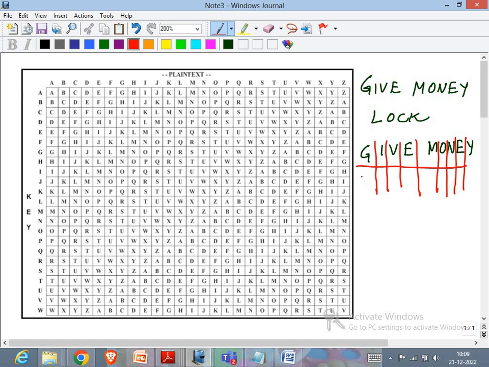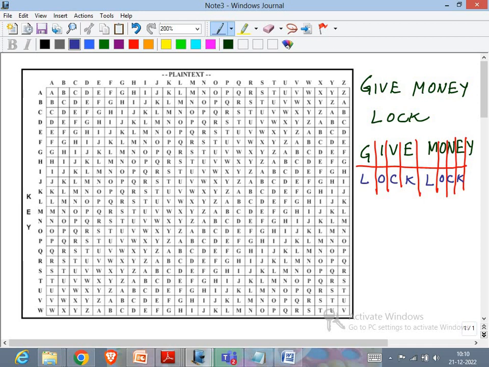Like we will write lock over here, L-O-C-K. But if you observe, the rest of the elements are missing. So we are going to fill it up also, L-O-C-K. We will go on repeating it. And you can also observe the last one, the Y that you are looking at, is still missing.